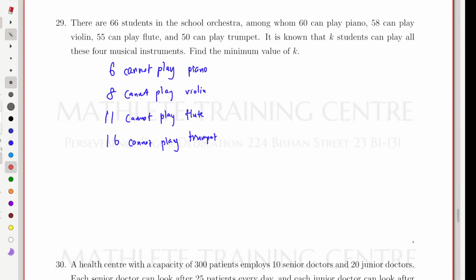So what we can do here is simply add them up together. Because what this tells you is that at most, 6 plus 8 plus 16 plus 11 is 41 students cannot play something. At most, 41 students cannot play something. What does that mean?